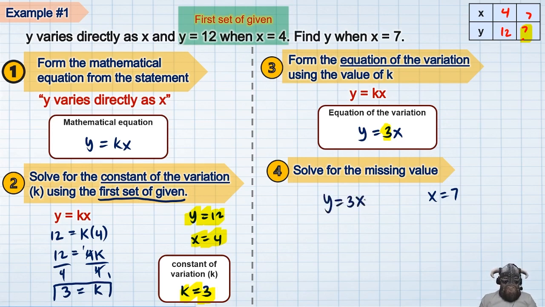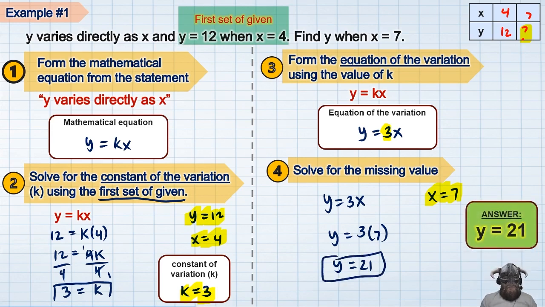So, gagamitin natin yan to solve for the value of y. Since dito, binigay na x is equal to 7, so papalitan lang natin dito sa equation of variation yung x at papalitan natin ng 7. So, the answer will be y is equal to 3 times 7. The answer is 21. So, ito na yung magiging sagot natin. O, diba?